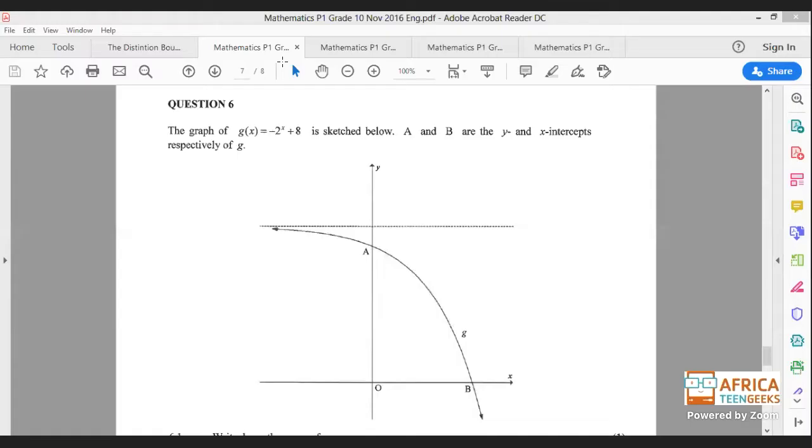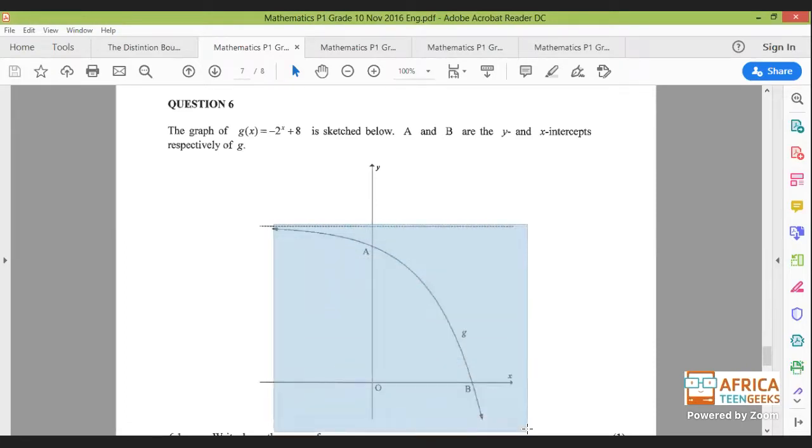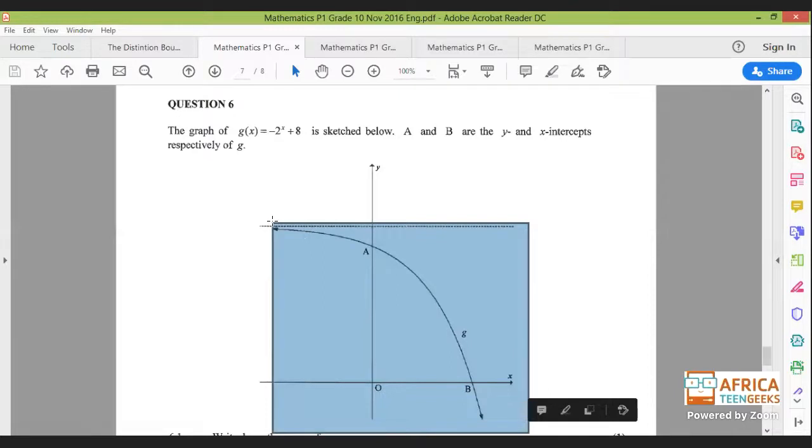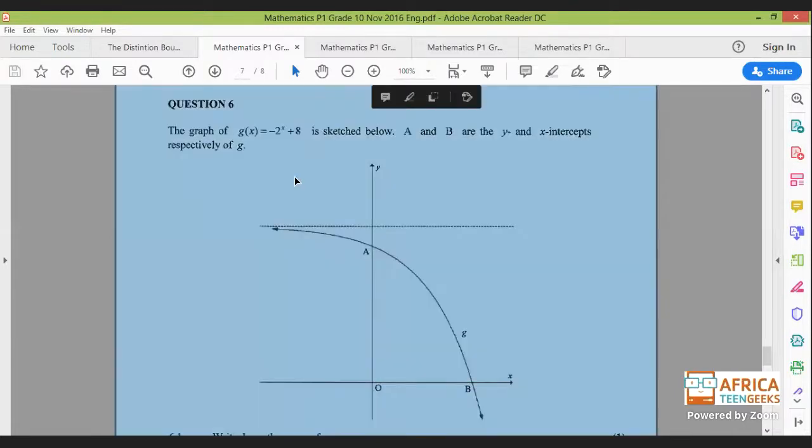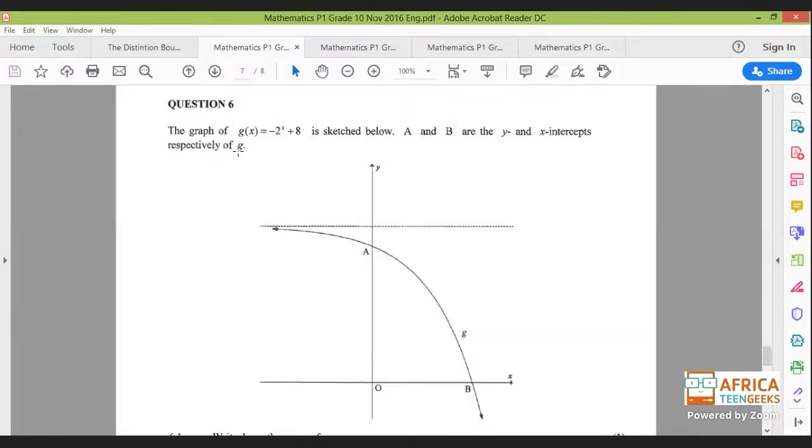Yesterday, boys and girls, we were still busy with this question, and we explained that this is an exponential graph.